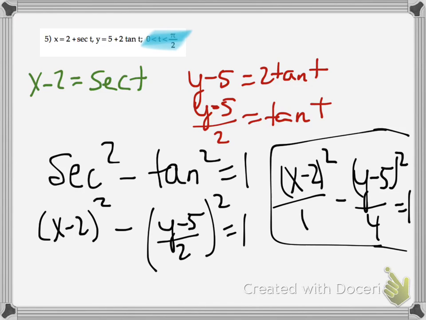But I don't want you to hit zoom 6 this time. I actually want you to hit your window, okay? And we should be in degree mode. So your window, when you hit that button, your T min should be the 0, and your T max will be, since we're in degree mode, you're going to do 90 instead of pi over 2. I want you to do that and then hit graph.